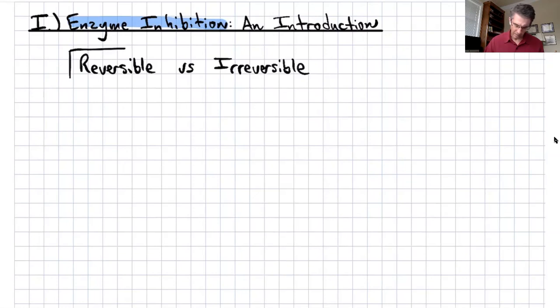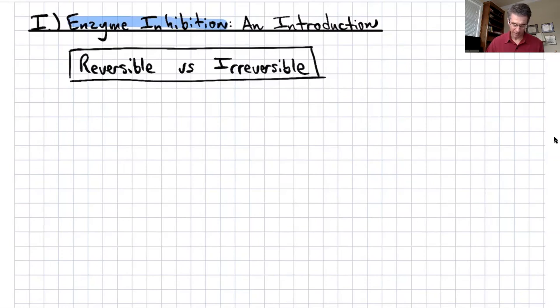Now, most of what we're going to end up talking about, essentially everything, is going to fall on this reversible side. But to distinguish that from this other type of inhibition, so-called irreversible, we need to think about what that means.